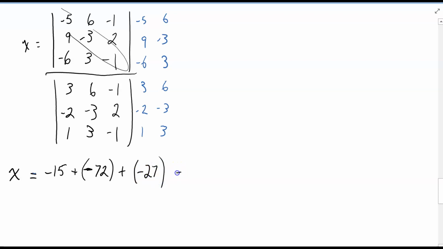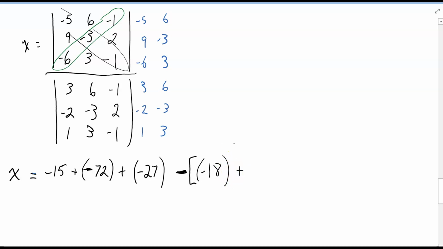And we will subtract from that the sum of the secondary diagonals. -1 times -3, this is the first secondary diagonal here. It will be a negative 6 times 3 times 1, which is 18.